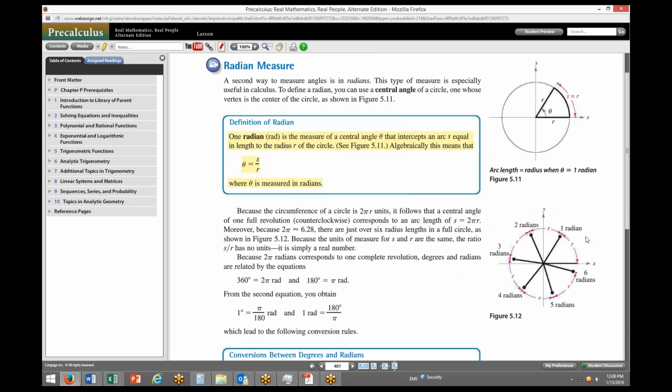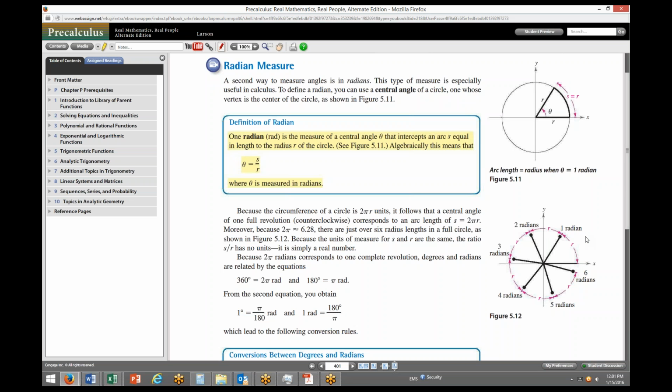So first of all, start with a circle, and then drawing the center of the circle, and then any angle that has its vertex at the center of the circle is called a central angle of that circle. Just given that the vertex of the angle is the center of the circle, then that angle with respect to that circle is called a central angle of the circle.